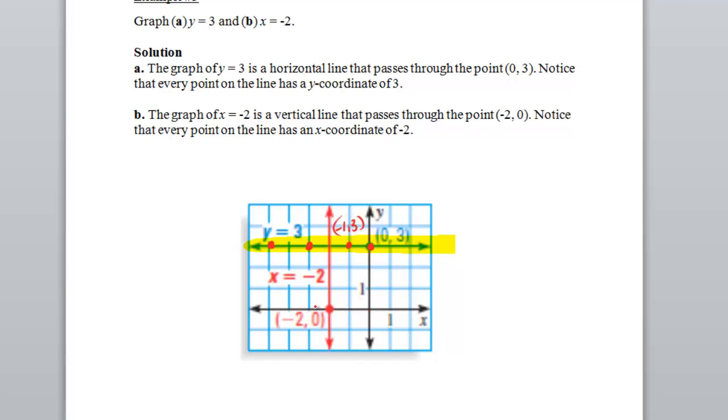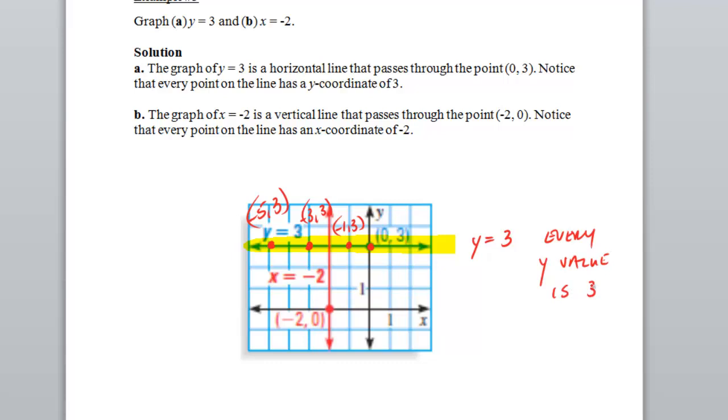This is going to be 1, 2, 3, so that's -3, 3. This is going to be 1, 2, 3, 4, 5, -5, 3. And so the trend you should be seeing here is on y equals to 3, every y value is 3. And so that's where we get the equation y equals to 3.